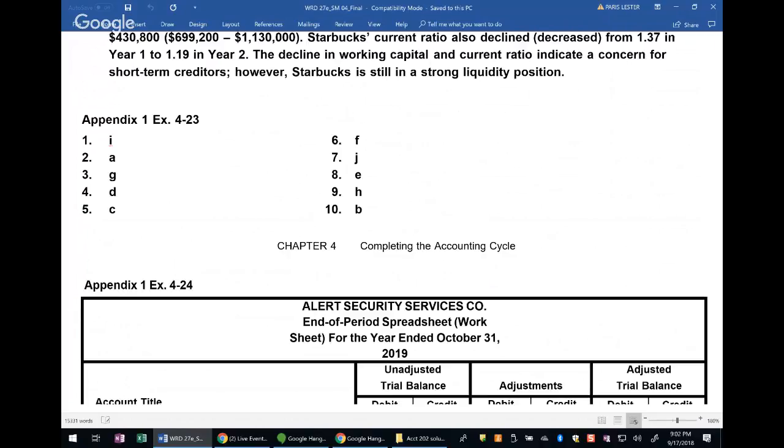You might want to put a letter in front of them, letter A. The letter A in front of accounts receivable in the adjustment column, that is $13, right?